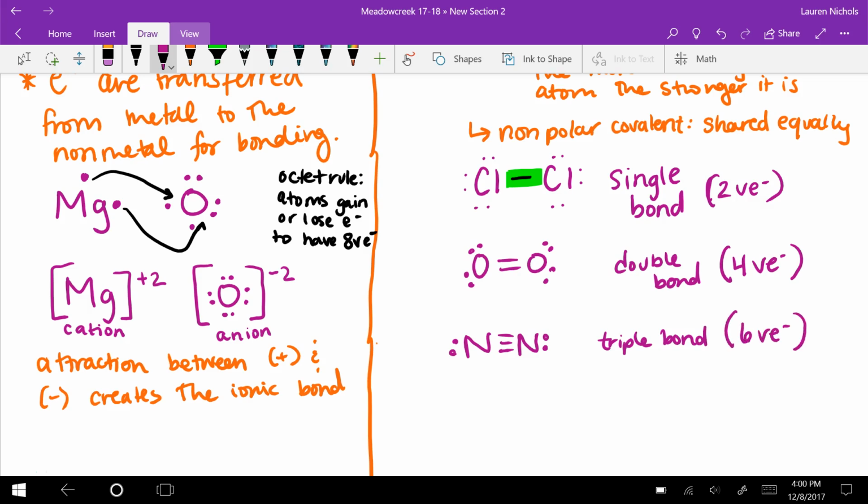And the more bonds there are, the stronger it is. So a triple bond is going to be stronger than a single bond. And when we're looking at these things, the key thing to know is that every single one of these has the same element on either side of the bonds.